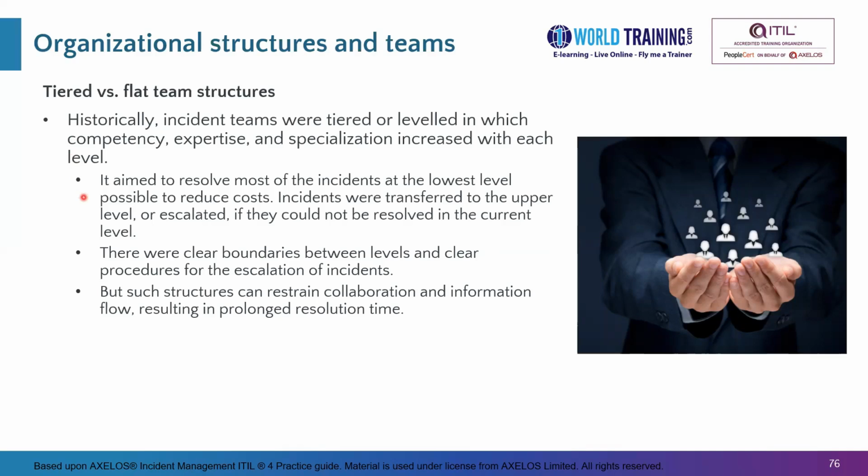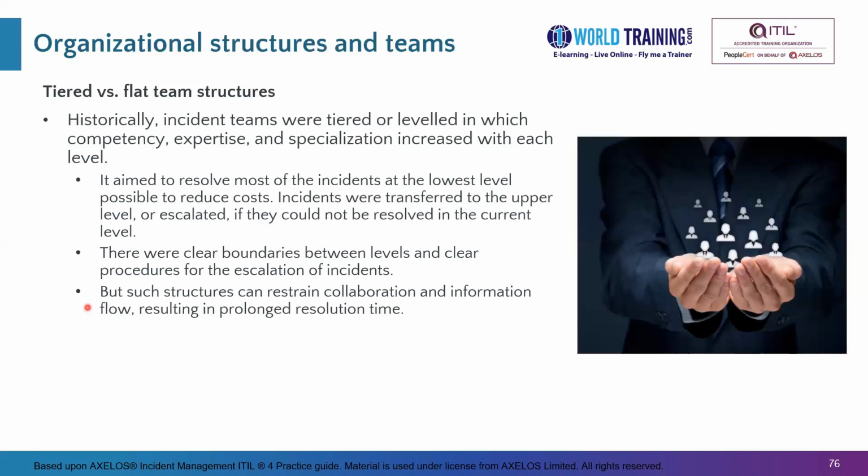And the aim, however, was to resolve most incidents at the lower level so that the cost would be less, and transfer incidents to the upper level, meaning escalate only if needed, meaning when they could not be resolved at the lower level. And there were clear boundaries between the different levels. What would level 1 do, what will level 2 do if they were escalated to, and similarly for level 3, etc. And there were rules of engagement on when and how to escalate to the next level of support, and even the response time from the various levels.